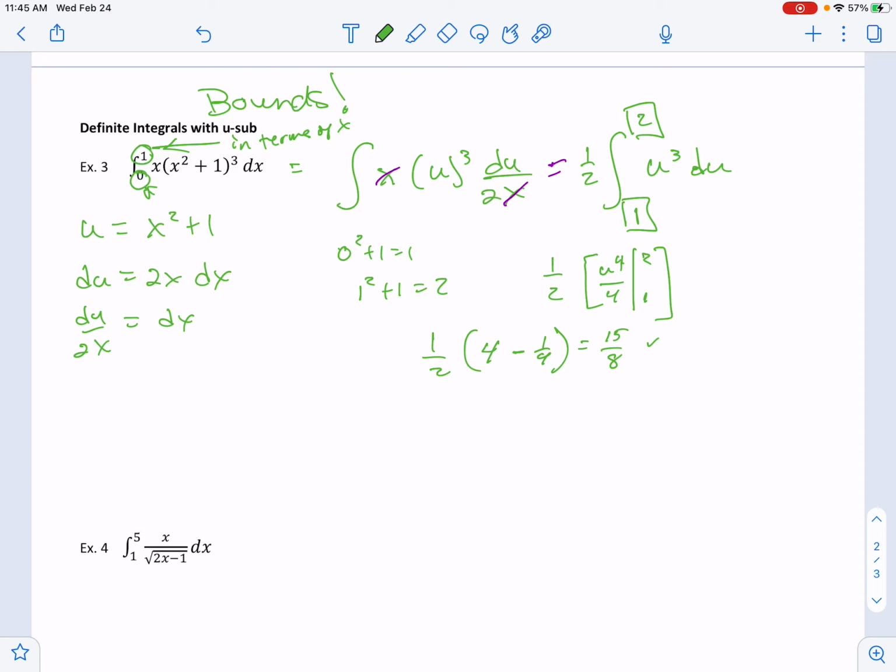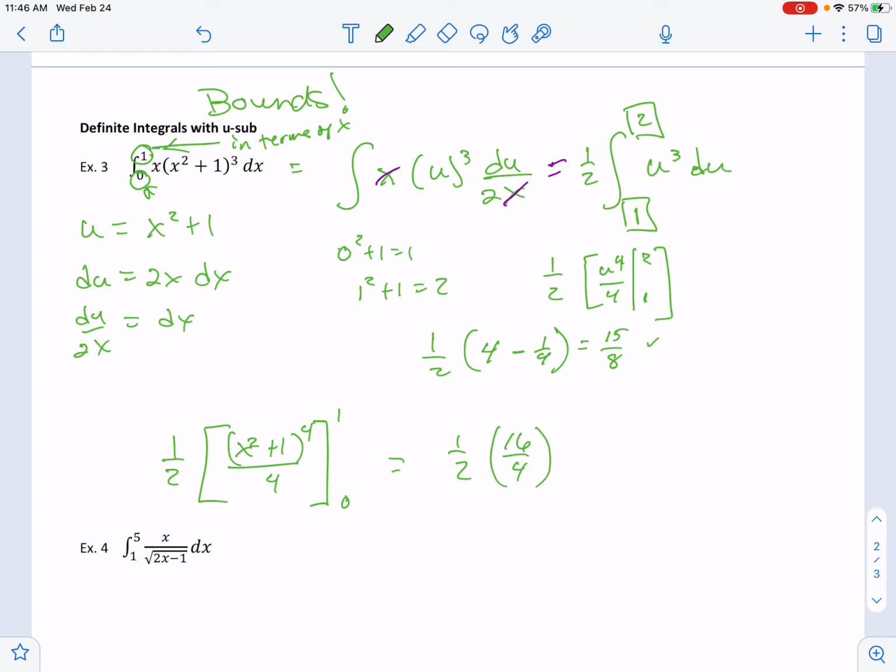Okay, your other option is to go down here with the 1/2 and put your x's back in. So you have x squared plus 1 to the 4th over 4, and you evaluate it at the original bounds, 0 and 1. And since you have a 0 in there, it's not too bad. So you have 1/2. 1 squared is 1, so you have 2. 2 to the 4th is 16 over 4.